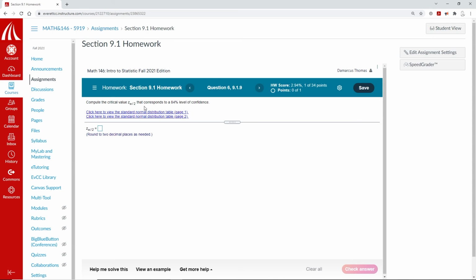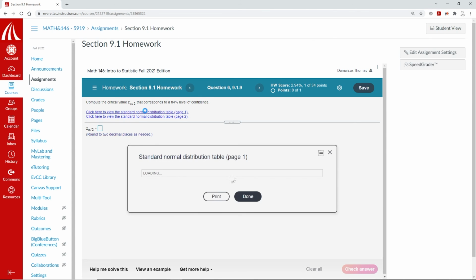This is interesting. Compute the critical value that corresponds to an 84% confidence level. So that's the innermost 84%, which basically implies we got 16% left over, which is 8% on each side.